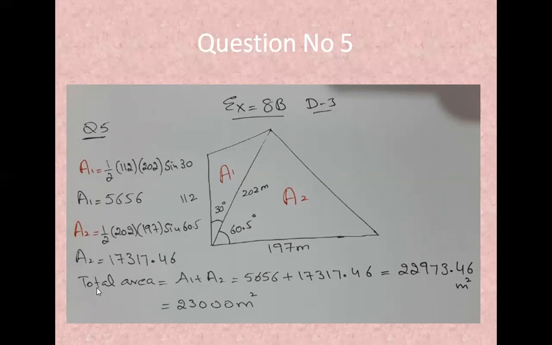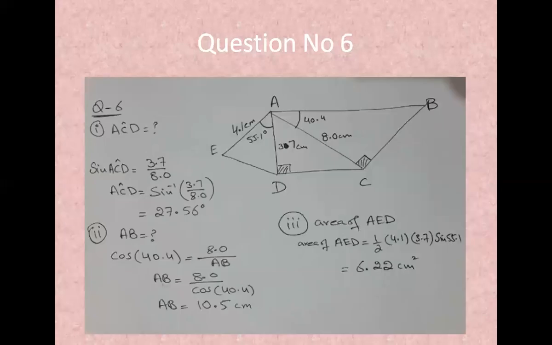Then I can find the total area of this plot. That will be A1 plus A2, so 5656 plus 17317.46, and that will be 22973.46, which is approximately, when you round it off, 23,000 meters square. So that is question number 5. Hopefully you understand.